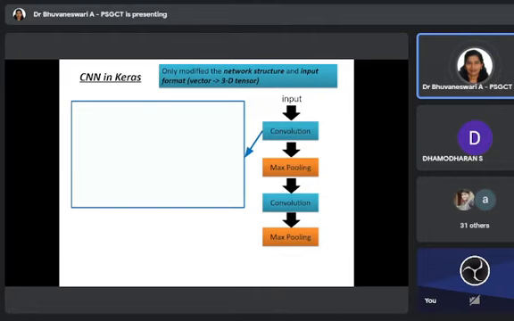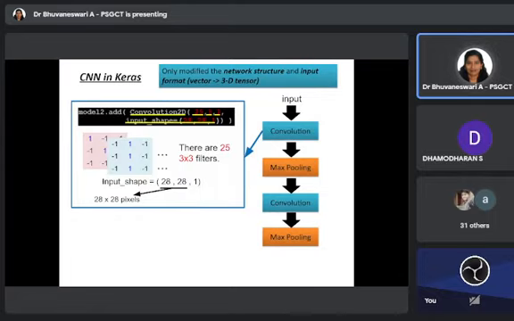Okay, there are 25 3 by 3 filters. That is what is specified here. And the shape is 28 by 28, that is 28 pixels by 28 pixels, the size of the image. One represents the color channel: one is for black and white, and three is for RGB.